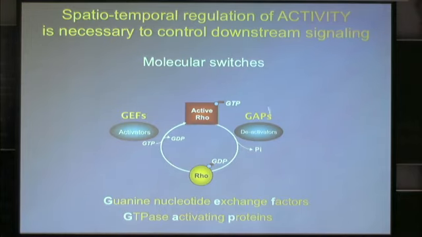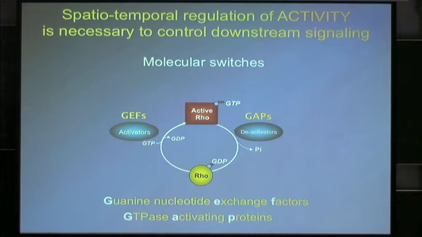by simply binding to GTP versus GDP. The GTP bound form is the active GTPase, and the GDP bound form is the inactive GTPase. So they can switch between those states. So obviously the localized activity, or spatiotemporal activity, is regulated by at least two, I won't talk about the third one, two regulator types: guanine nucleotide exchange factors, which exchange the nucleotide from GDP to GTP, and GTPase activating proteins.